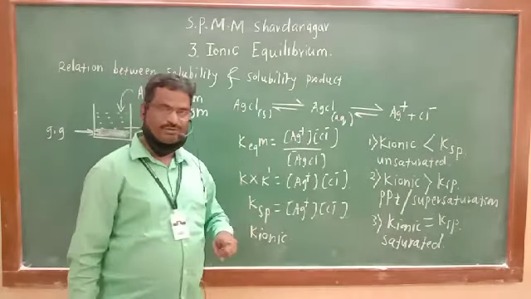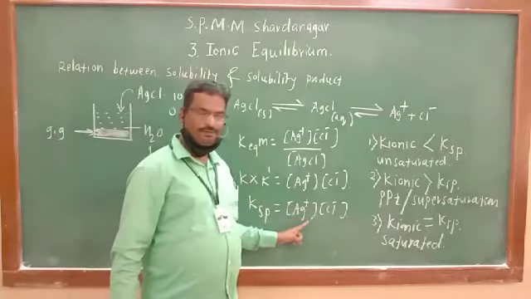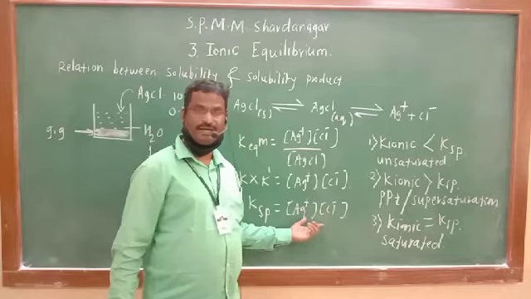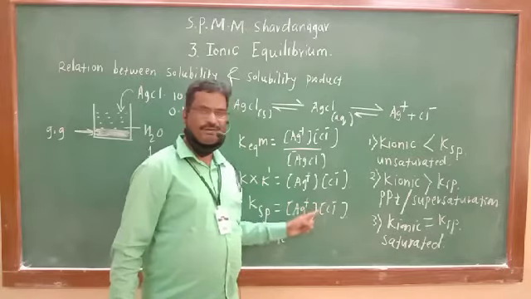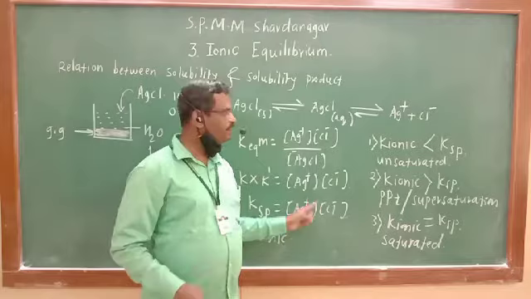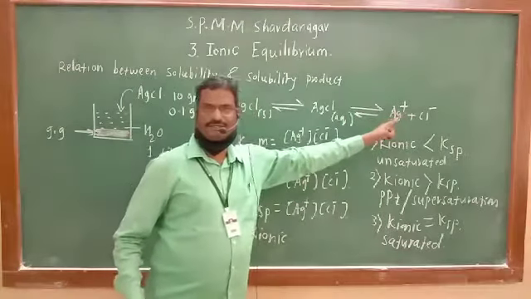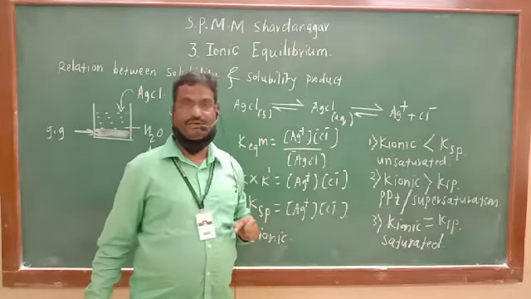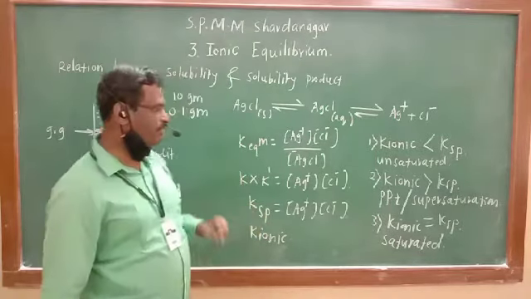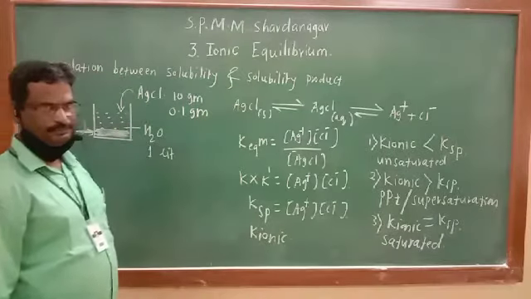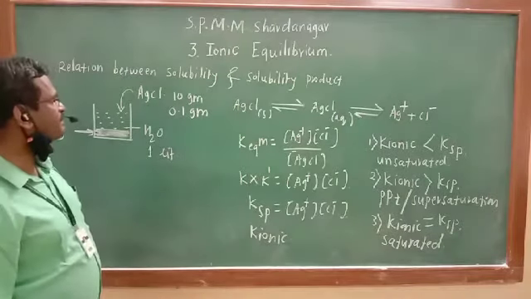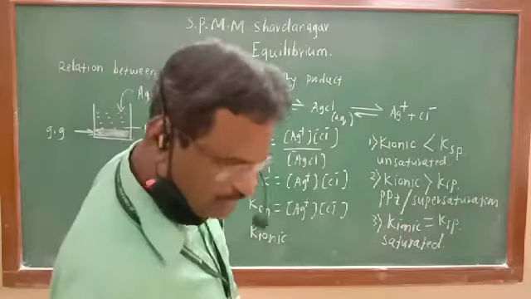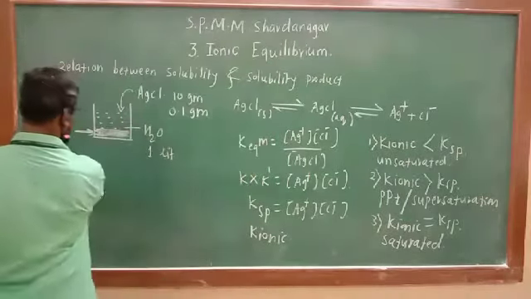In a saturated solution, the product of the concentration of ions raised to an appropriate power equal to the number of moles or coefficients in the balanced chemical equilibrium equation is known as solubility product. Now let us see the relationship between solubility and solubility product for different types of salts one by one.